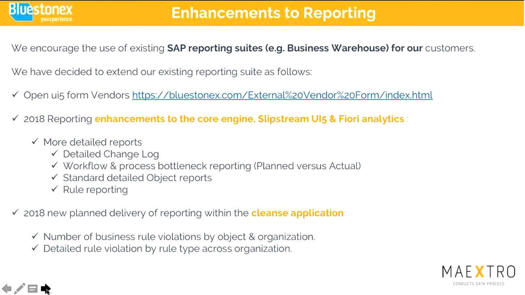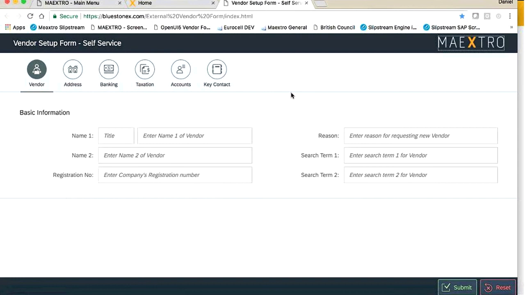As I said, around enhancements, what we're working on right now are simple things like the vendor request. Typically the vendor will fill in a form, it'll go to somebody to type that into SAP, whereas to challenge that process, you could potentially give them something like this. It's a form based on OpenUI5, so there's nothing to do with SAP.